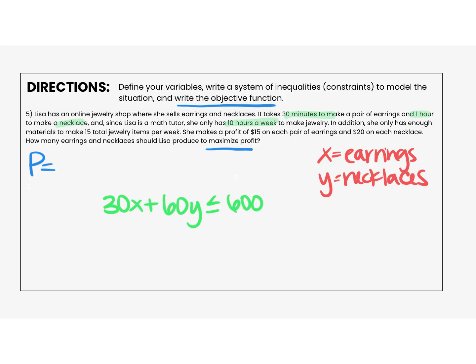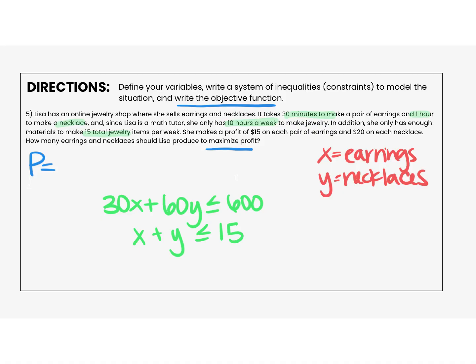And then she only has enough materials to make 15 total jewelry items per week. So that means the number of earrings plus the number of necklaces has to be less than or equal to 15, because that's all that she has the materials for. So there's my two constraints. And now let's go back to my profit.